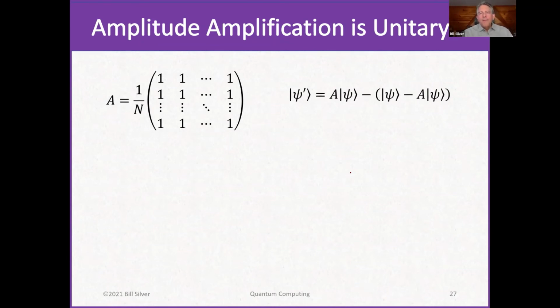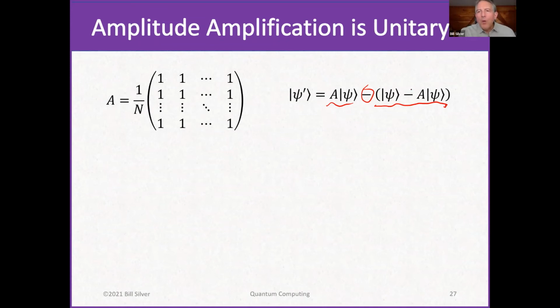Remember what I said, that when we reflect about the average, the amount by which a vector is above the average now becomes the amount by which it's below the average. That's what that minus sign is doing here. So this is what we're actually doing. We're taking my vector, averaging it, and subtracting from that the vector minus the average.